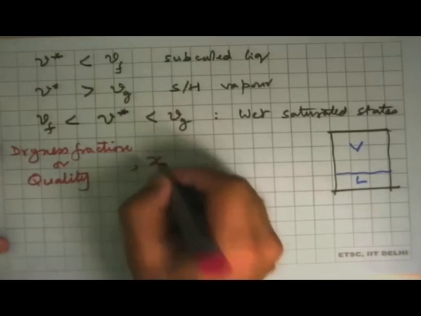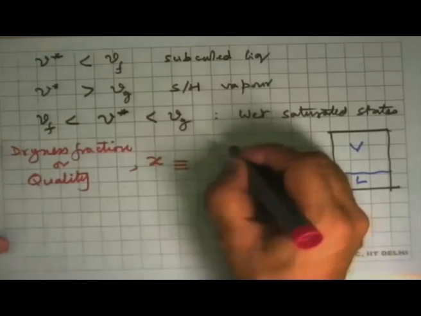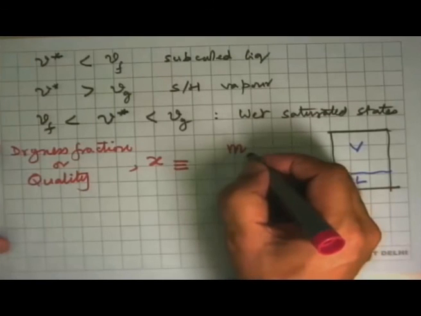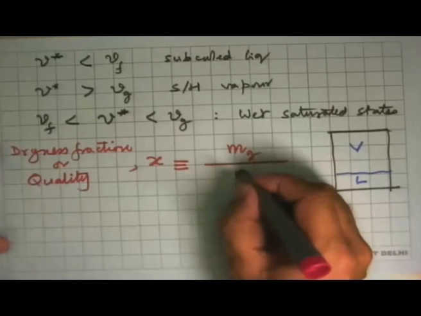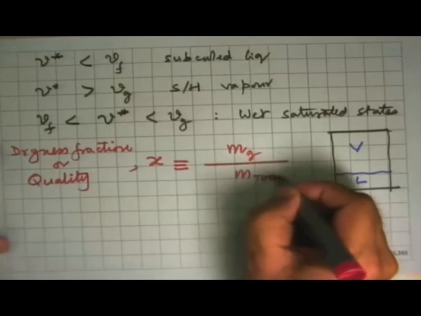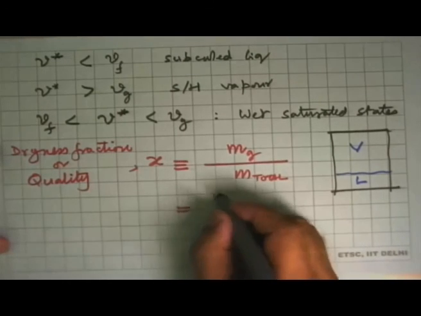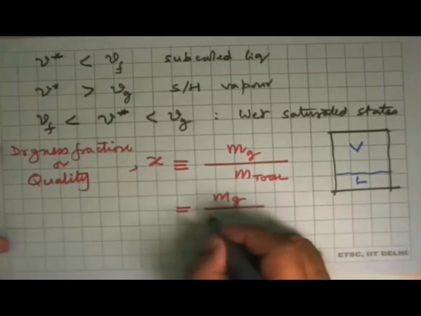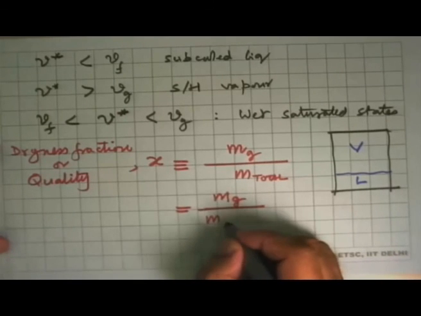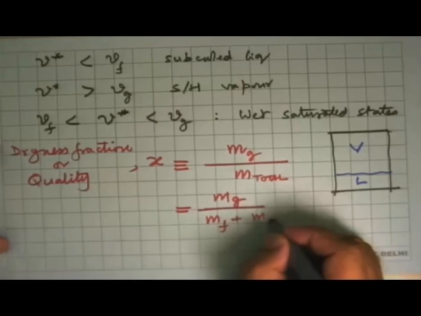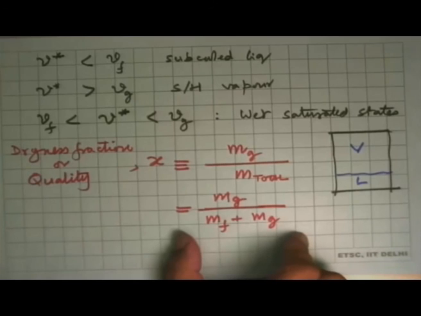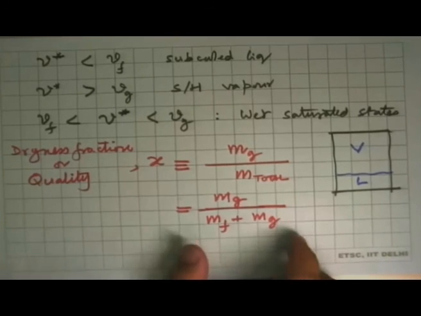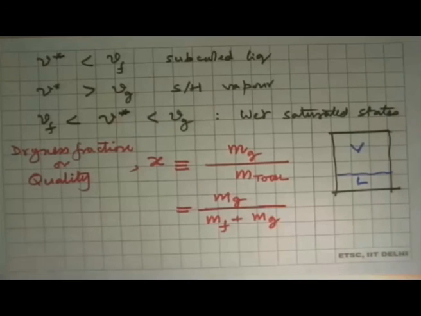The symbol is x. It is defined as the mass of the vapor divided by the total mass, which is mg upon mf plus mg. Okay, so this is a new definition that we are now putting in, and let's see, can we express it in terms of specific properties? It's a small little exercise.